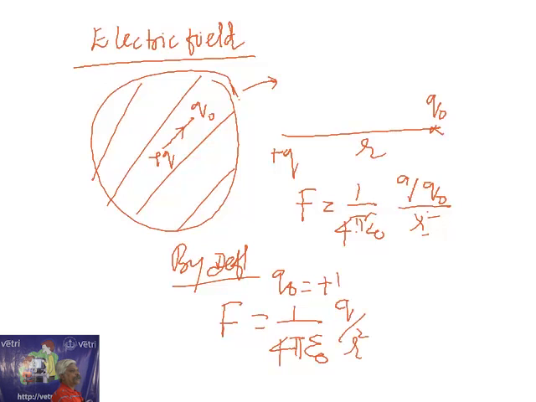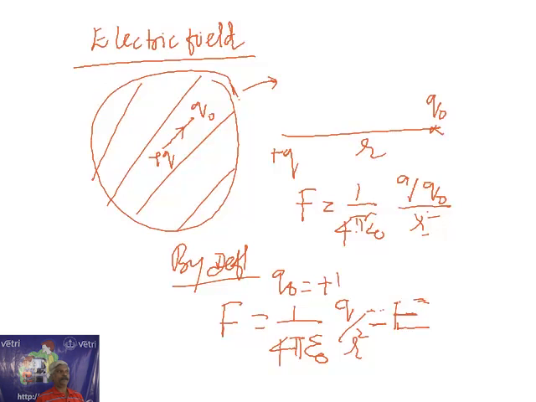What about Q0? Q0 becomes 1. This is called the electric field. So what is the formula for electric field? E is equal to 1 by 4 pi epsilon naught, Q by r square.